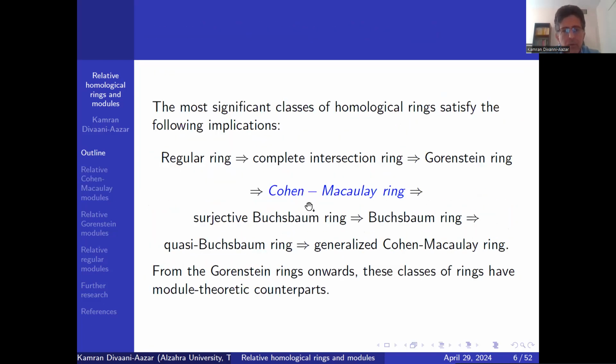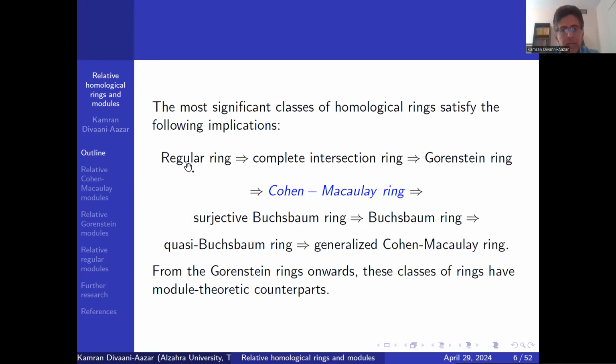Here, for the types of rings below Cohen-Macaulay rings, namely surjective Buchsbaum rings, quasi-Buchsbaum rings, and generalized Cohen-Macaulay rings, in a joint work with Akram Qambardoost, Tusi, and Zakiri, we established a relative counterpart of these types of homological rings.